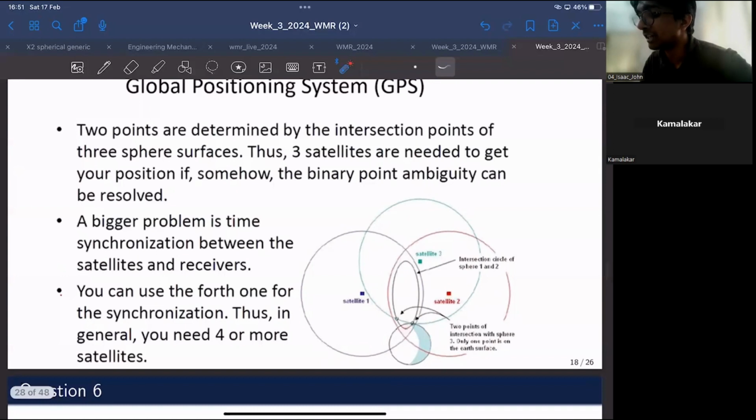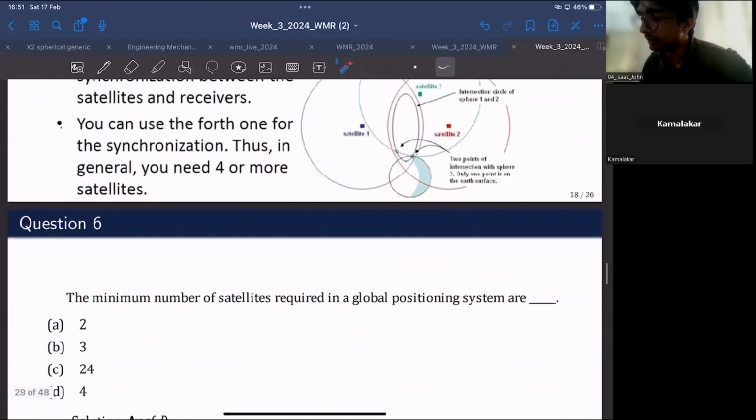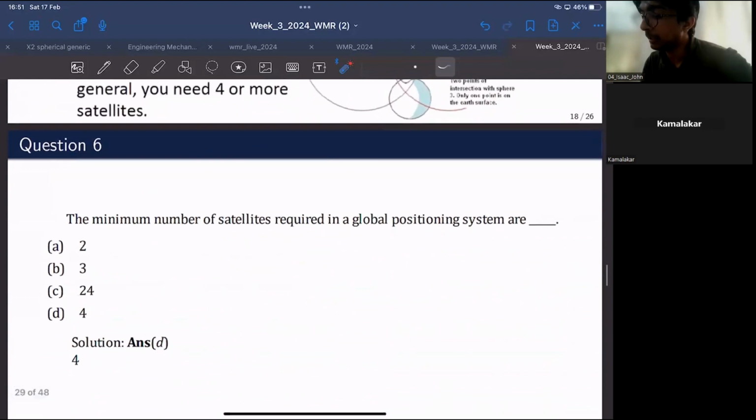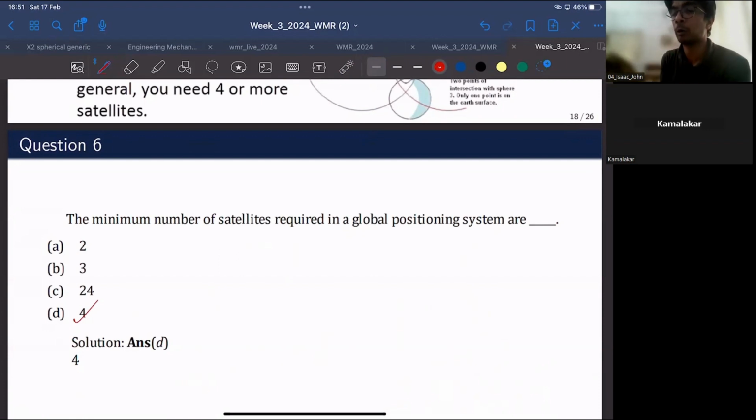That makes it 4 satellites in order for us to determine the exact position. So with that, we can answer the question. The minimum number of satellites required in a GPS system is 4. Because 2 satellites will give you a circle of possible points, 3 satellites give you 2 points, and 4 satellites will enable you to narrow down to the single correct point.